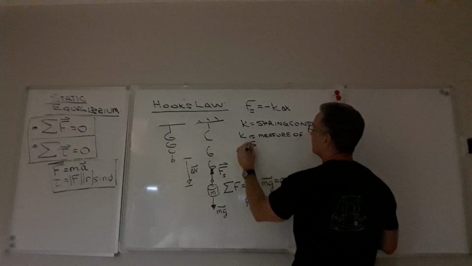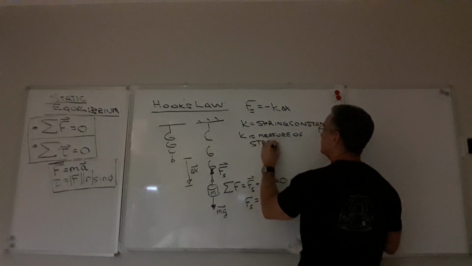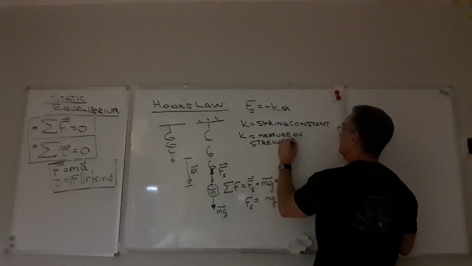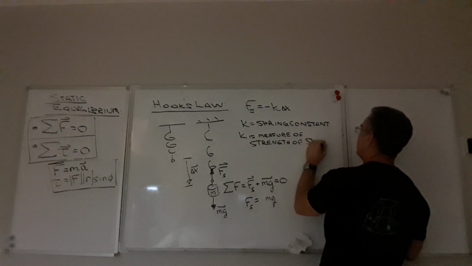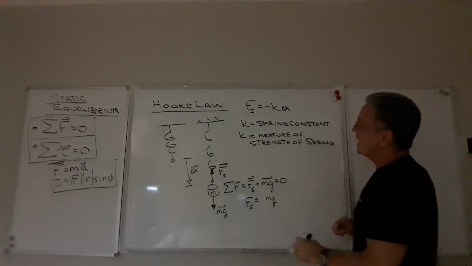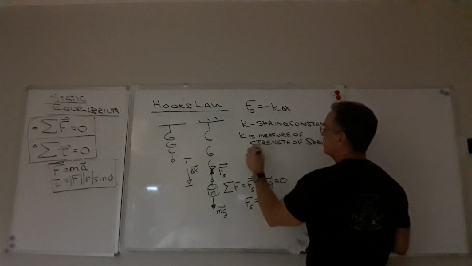Or the strength of the spring. It's measured in units. Now, if you divide through by delta x, you can isolate k.